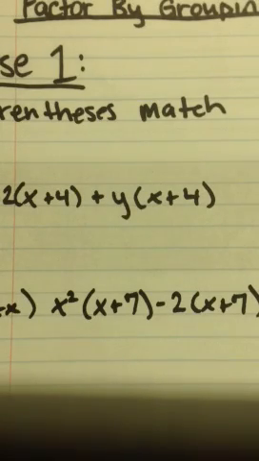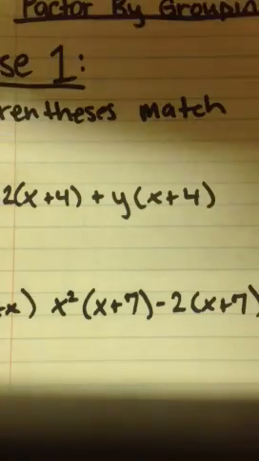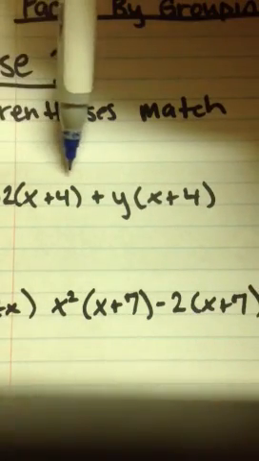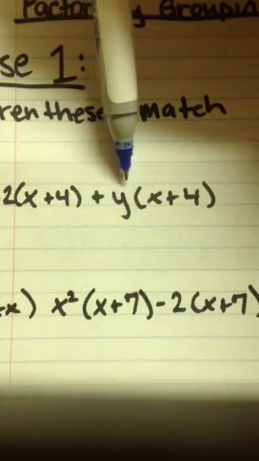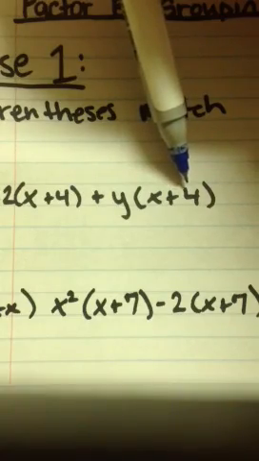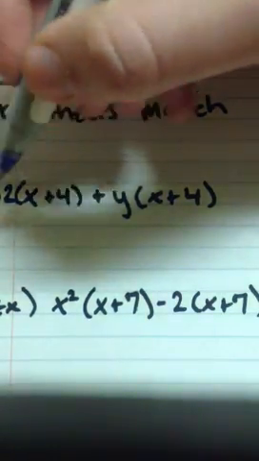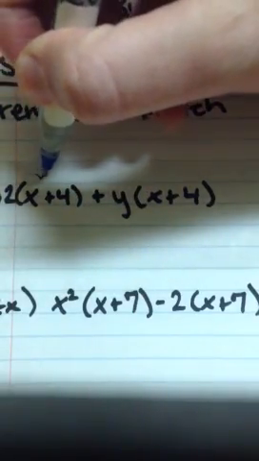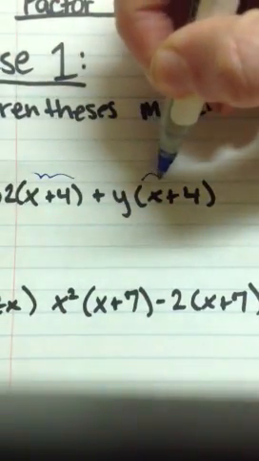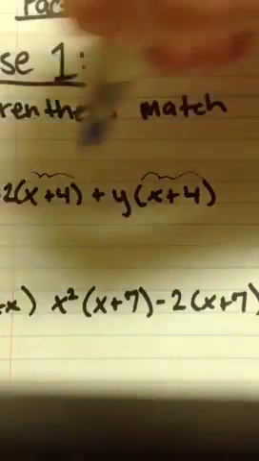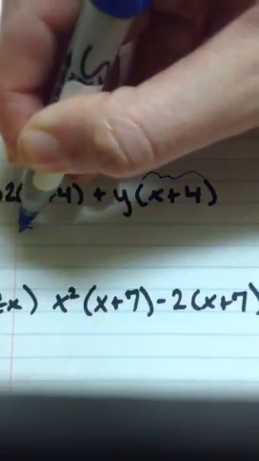So for my first example, I have 2 times x plus 4 plus y times x plus 4. Again, I'm looking for the parentheses that match. I see that x plus 4 and x plus 4 match. So I'm going to take that and factor it out.